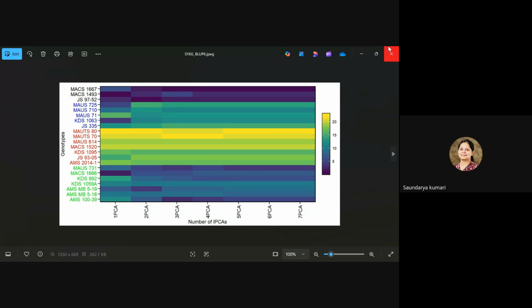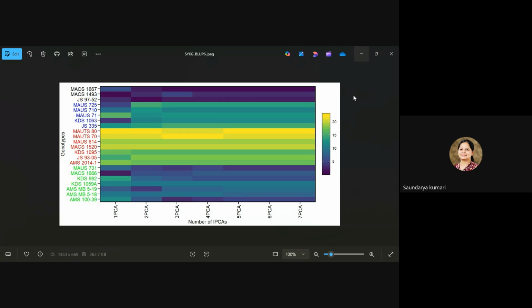Sir, is there any significance of the colors of genotypes in the grouping? No, this is just classification of genotypes across 7 principal components based on this WAAS value. Okay, sir.